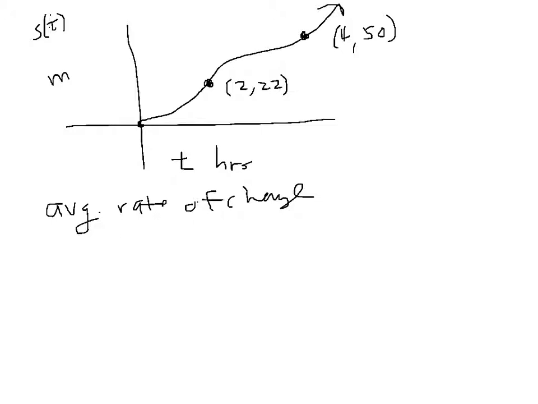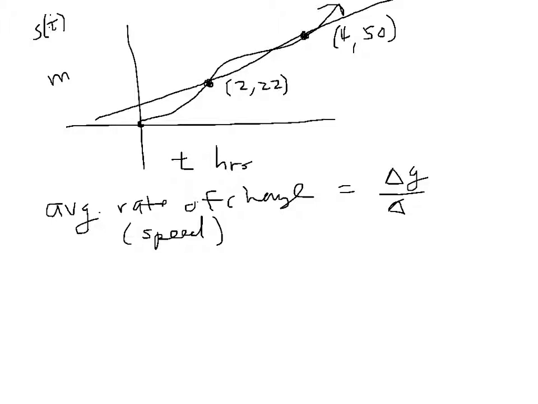And so if I want to know my average rate of change, or in this case my average speed, what I'm going to do, you guys could probably all figure this out, is find the slope of this line, which we call a secant line, that goes through there. So it would be the change in the y over the change in the x.